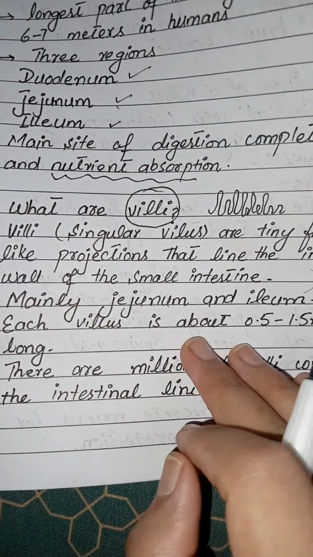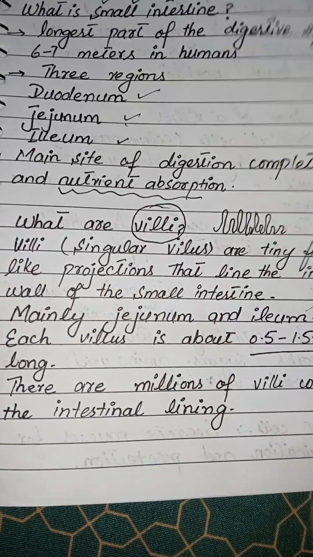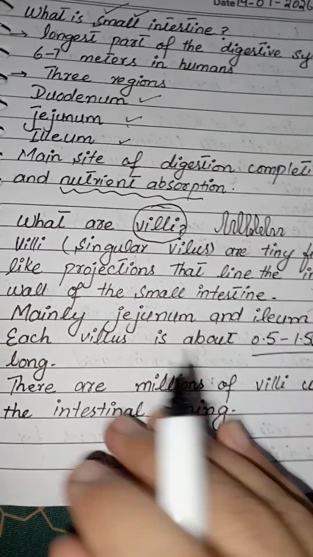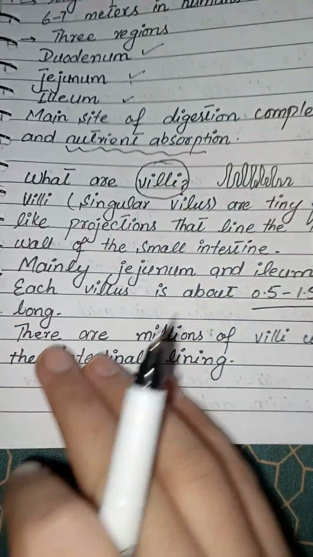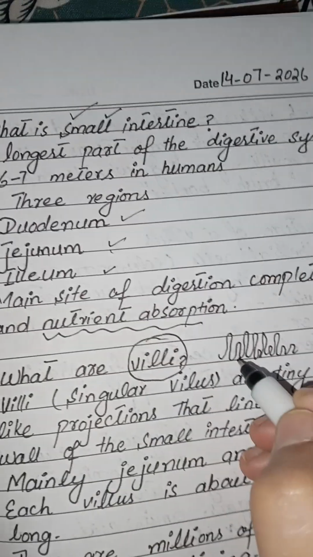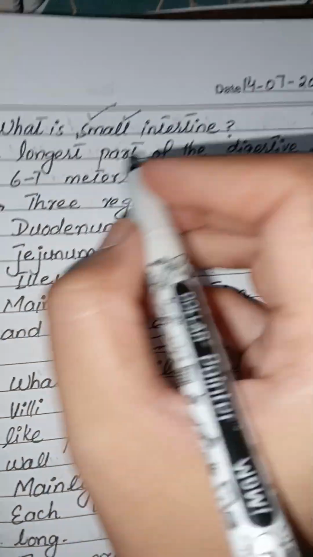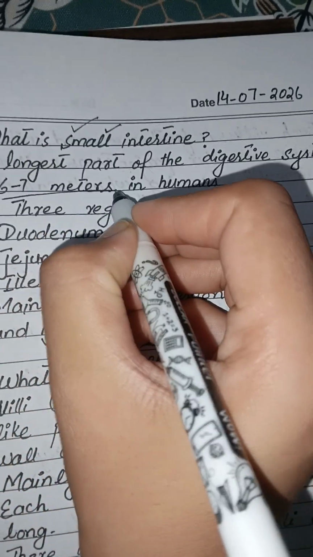Each villus is about 0.5 to 1.5 mm. There are millions of villi covering the intestinal lining, and millions of these finger-like projections combine to make the 6 to 7 meter long small intestine.